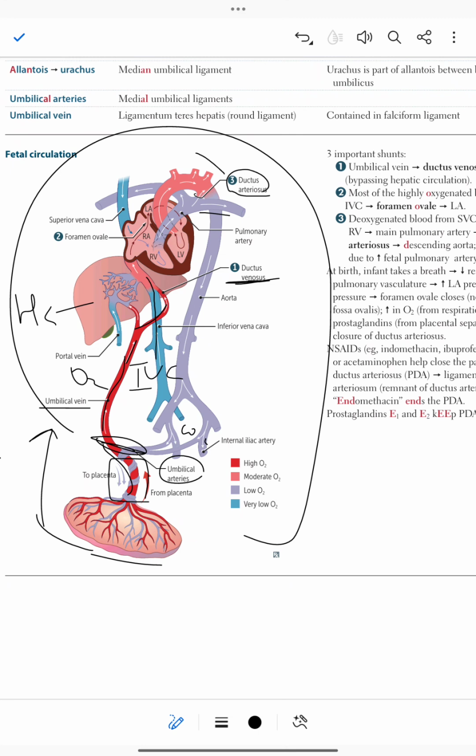So in the fetal period, because of increasing of pulmonary pressure, blood from pulmonary trunk is released to aorta. Then lungs cannot receive any blood from pulmonary trunk.